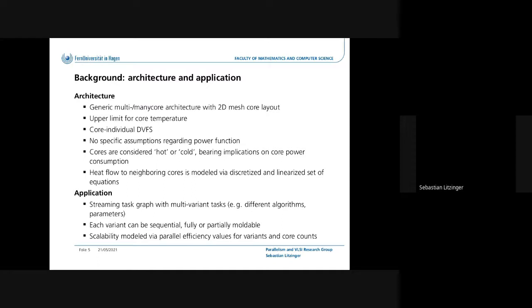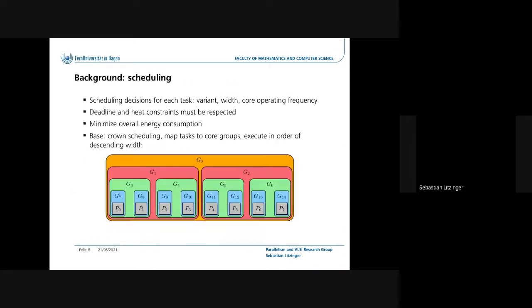The scalability for each task is then given by parallel efficiency functions for each of the task variants. When it comes to scheduling, decisions will have to be made for each task on which variant to execute, the number of cores it shall run on, and the operating frequency. And all this must be done in a way that the constraints regarding the round length and the heat are kept, and then the optimization target would be the overall energy consumption, which would then lead to the minimum heat production, hopefully.